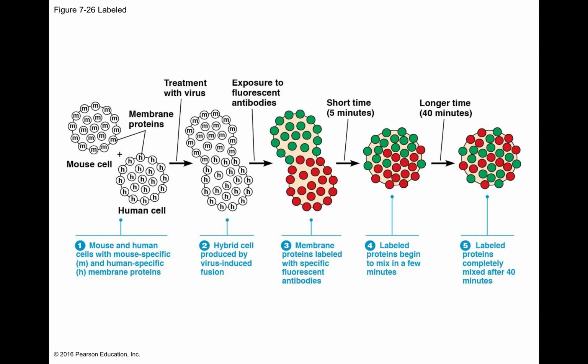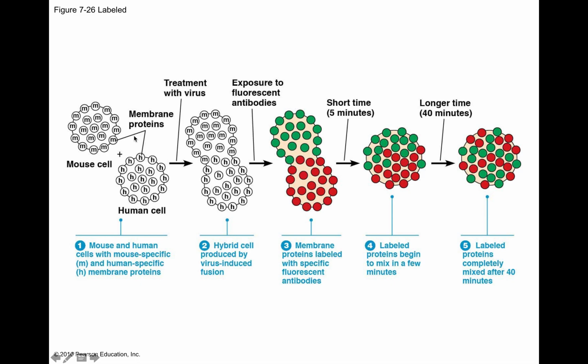Another experiment that has shown this is from a fusion experiment. So in cell culture, sometimes immortal cells, cancer cells, are fused with other cells in order to be able to grow them in culture. And you make what's called a hybridoma. So you can take a mouse cell with mouse proteins and a human cell with human proteins.